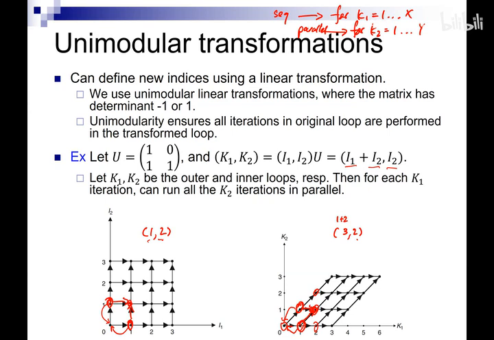Another way to see this is through the dependence vectors on the left. In the I iterations, we have this dependence vector, which is 1, 0, because 1 represents the outer loop index, and then this one is 0, 1 over here.